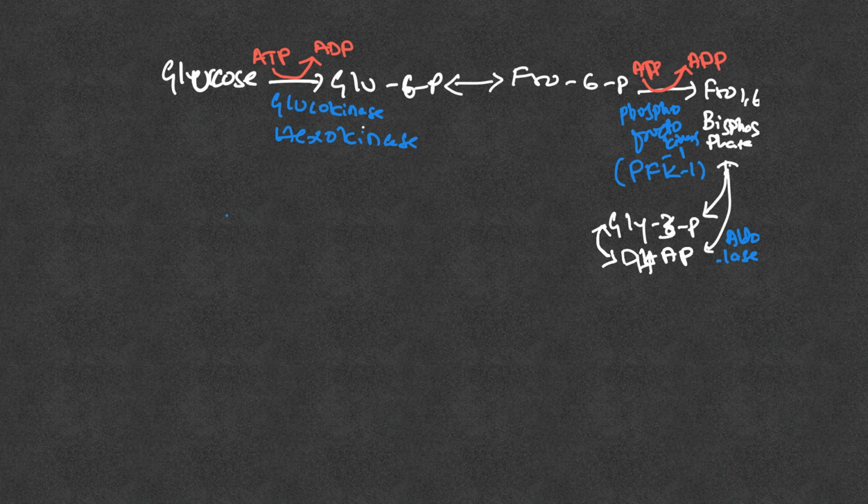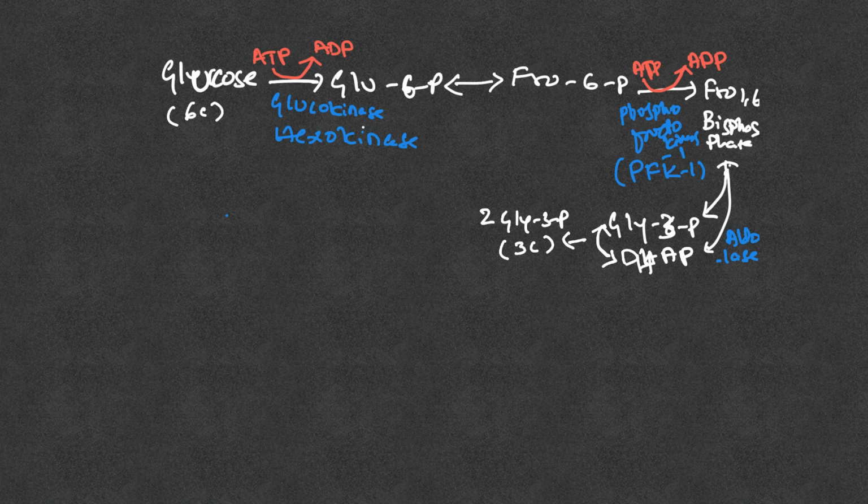Overall, we are going to have two molecules of glyceraldehyde 3-phosphate coming from one molecule of glucose, because glucose is a 6-carbon molecule and glyceraldehyde 3-phosphate is a 3-carbon molecule. That means in total we have 6 carbons in the form of 2 glyceraldehyde 3-phosphate.